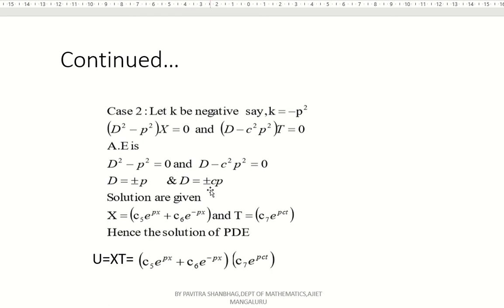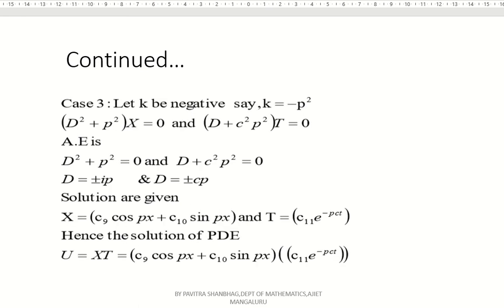Here you should be very careful. What will we get as the solution at the end? Here roots are real and distinct: c5 e^(px) + c6 e^(−px). Here we are getting only the positive value, D = c² p², so we are getting c7 e^(c² p² t). So the product of these two gives us the final solution.